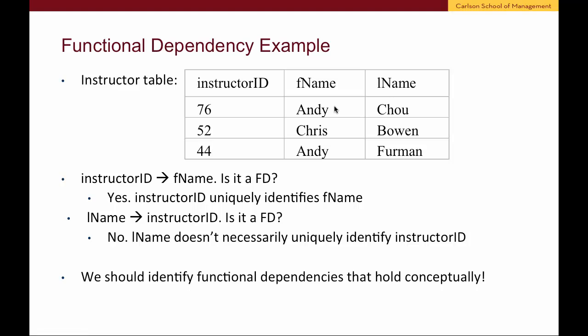In the second case, if we were given a last name, in this case Furman, could we definitively determine what the instructor ID is? The answer is no, because we might have another Furman in the database, associated with another instructor ID. And so the first step in normalization is to identify these functional dependencies, and we'll show you a few examples of notations that we use to do that.